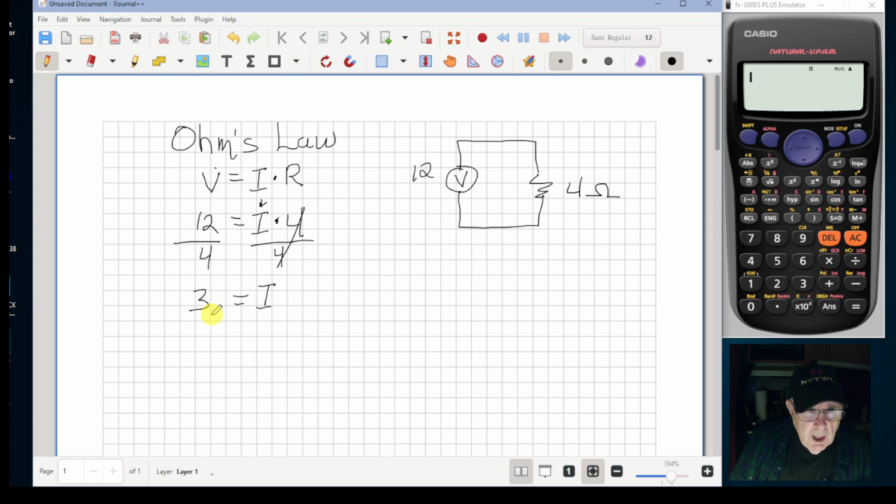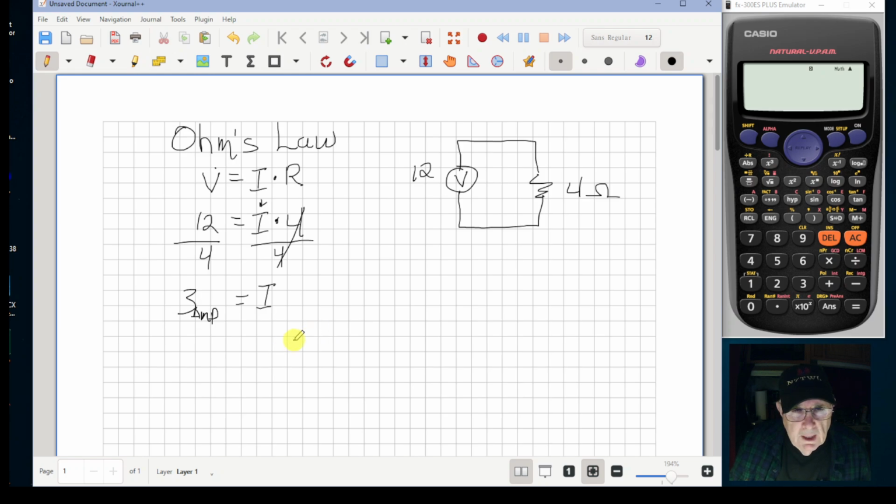And that's in amps. We're dealing with ohms, amps, and volts. So 3, and I'll just put amp down here as a subscript. So we know then when we turn on our headlight, well, we only have one headlight here, but I am drawing 3 amps of current out of that battery.